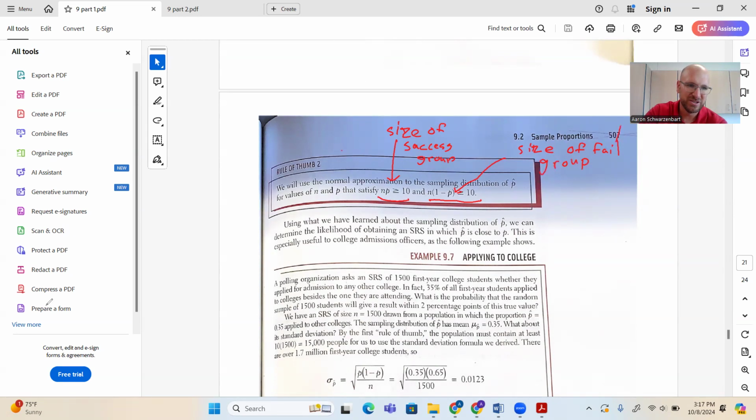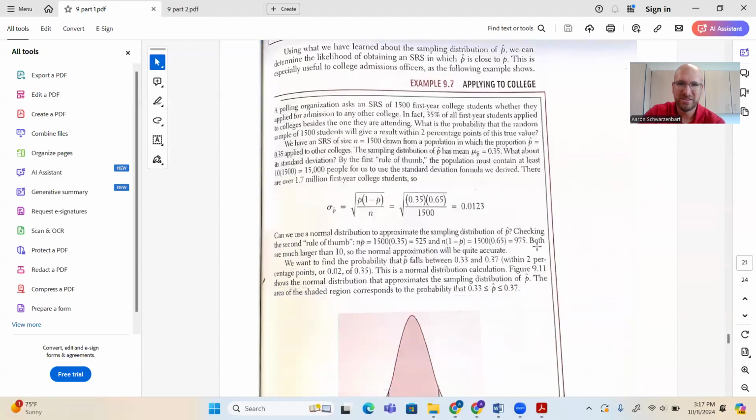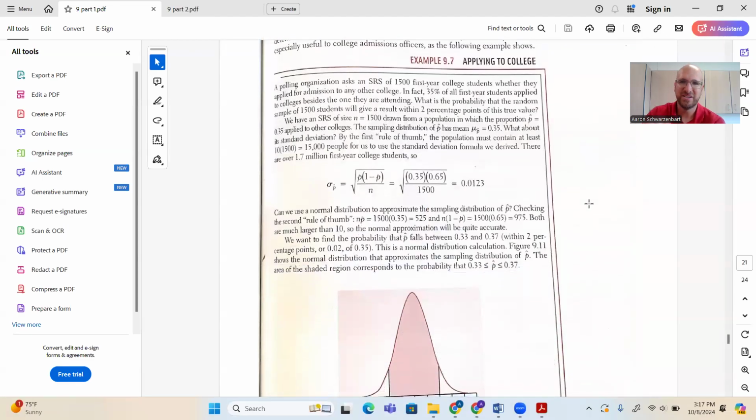So, applying to college, kind of important. All of you are doing that. A polling organization asked an SRS of 1,500 first-year college students whether they applied for admission to any other college. People didn't used to apply to 10 colleges, usually. Used to be you applied to a couple.